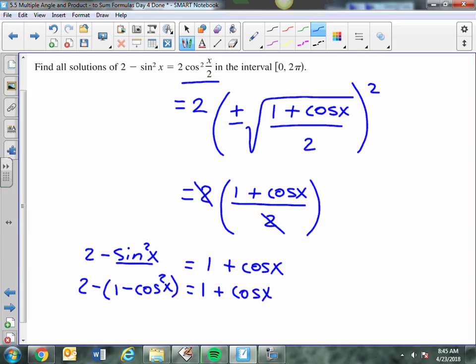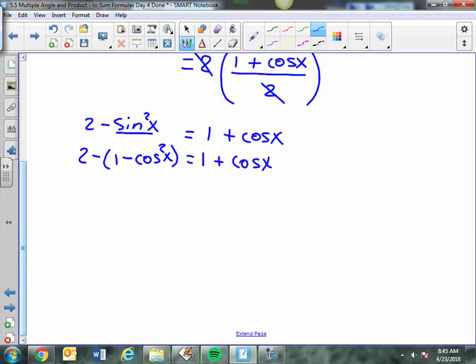Simplifying, I'm going to first take this negative through, and yes, you're going to want to leave yourself some space. This is a rather large problem with a pretty simple solution once we get through it. Taking the negative through on the left side, I get 2 minus 1 plus cosine squared x. Then I'm also going to move the 1 plus cosine x over to the left side, because once I get all cosines, I can either factor or put them together and cancel some things out.